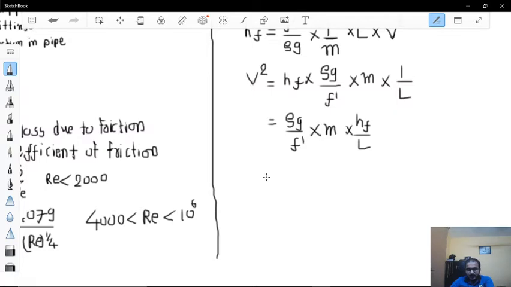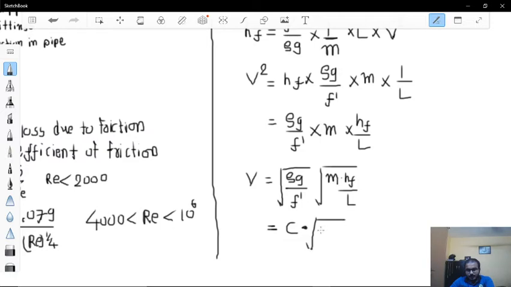So here the value of V can be written as square root of rho g upon f prime, square root of m into hf upon L. Now we will be considering square root of rho g upon f prime as a constant C. And one more thing here, square root of m into i. Now what is this?